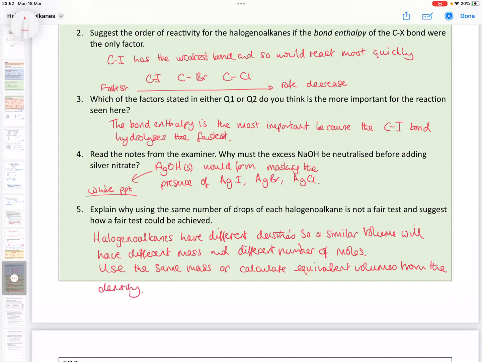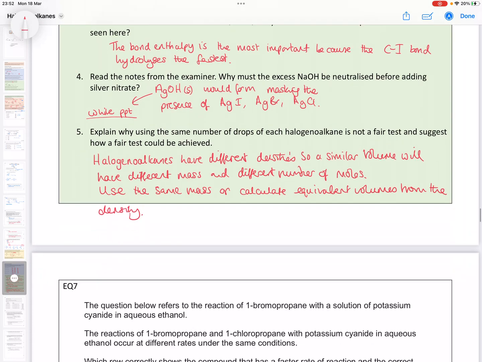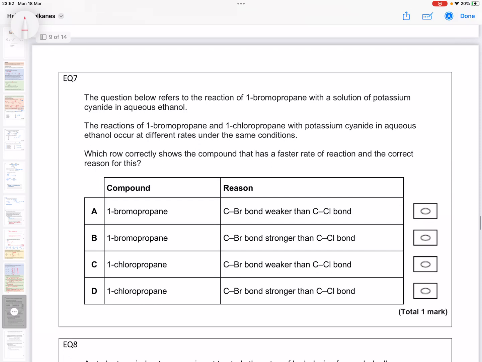Basically a drop has the same volume, but a different mass because the densities of these substances are different, and therefore one drop contains a different number of moles for each of the examples.